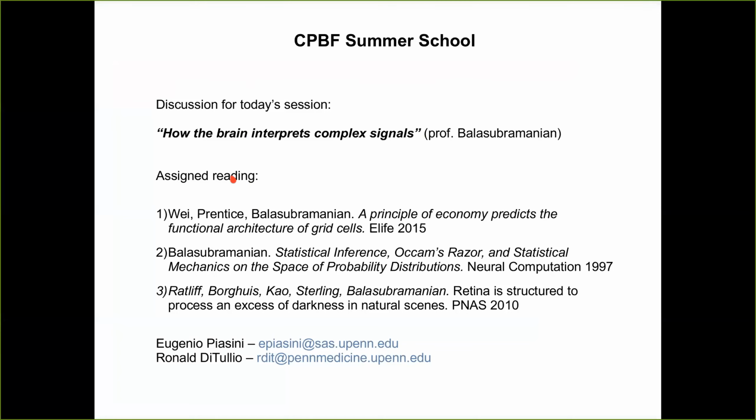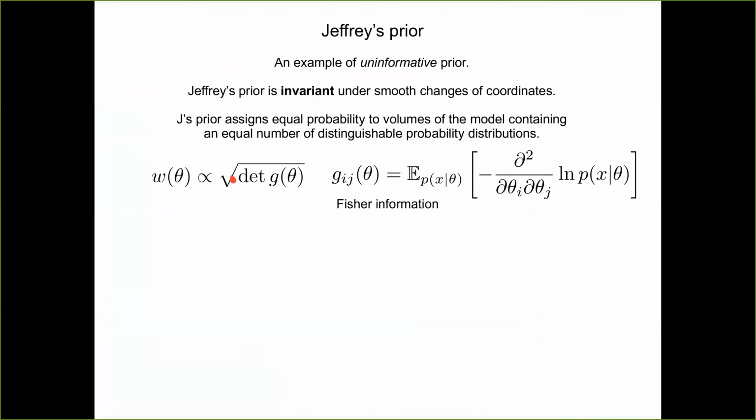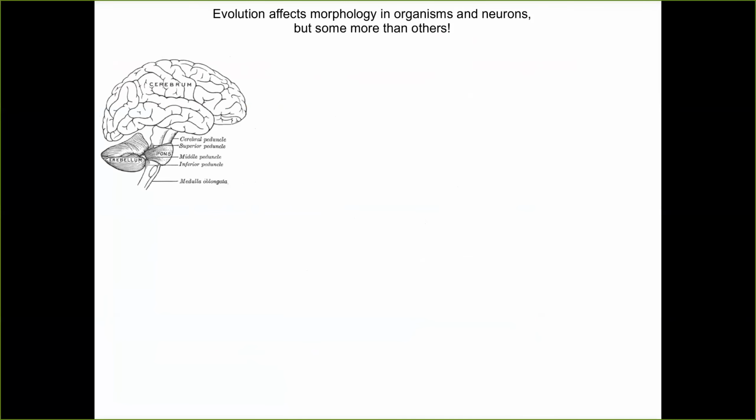Okay, sorry, I have to scroll through the whole thing. Okay, so this is an example from the cerebellum. You can see it here in this picture. The cerebellum is involved with motor learning and motor control. It is a very important area.